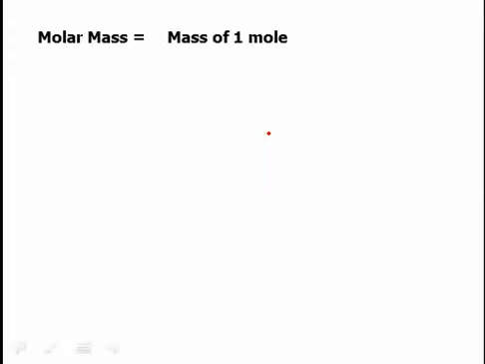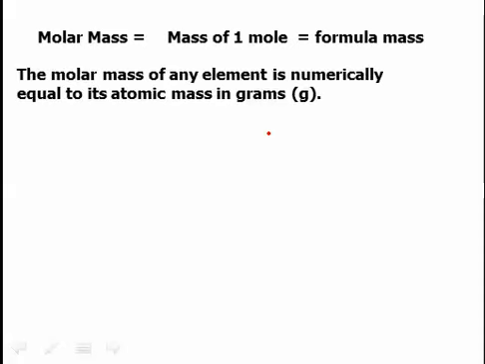So you need to remember that the molar mass is the mass of one mole, and that is numerically equal to the formula mass. Formula mass is in AMUs, mass of one mole is in grams. So the molar mass of any element is numerically equal to its atomic mass in grams.